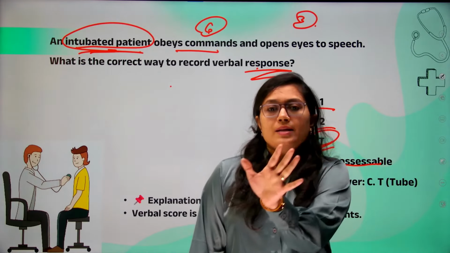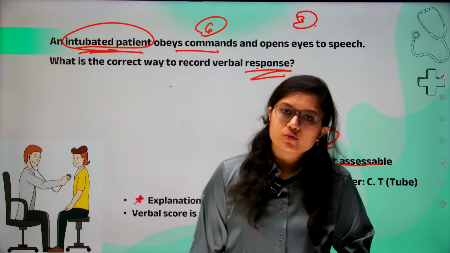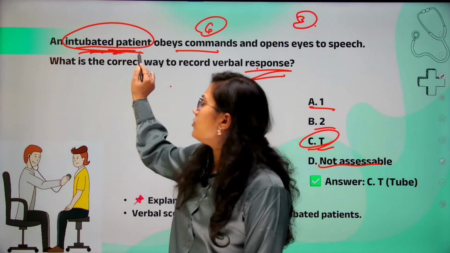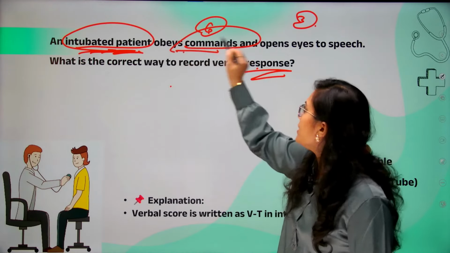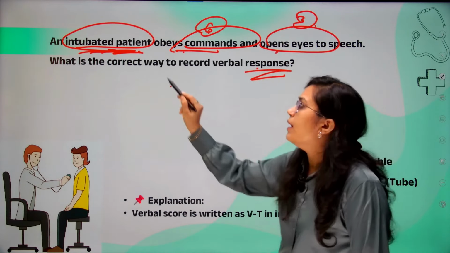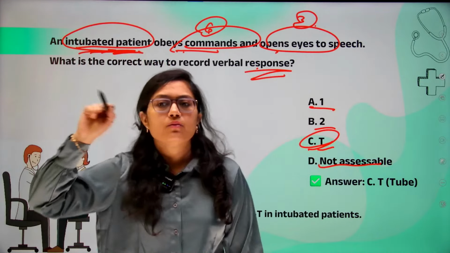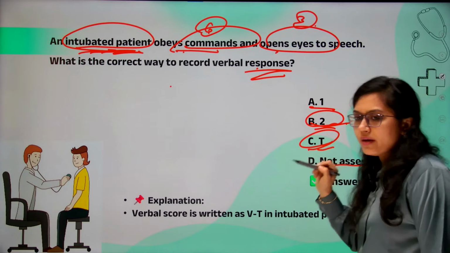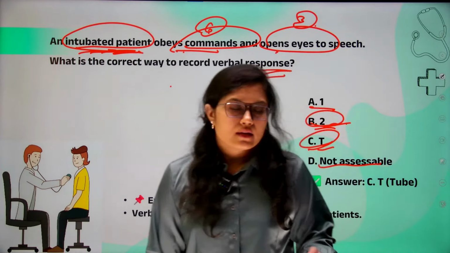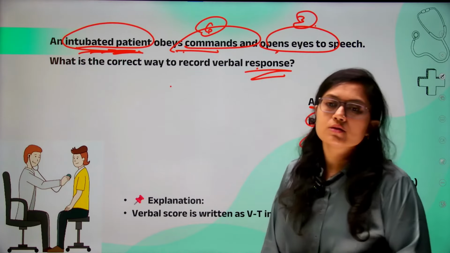Which option has not been selected for this? They ask like that too. So this is one type of question. Like, "intubated patient" is written, and even though it says he obeys commands and opens eyes, if the patient is intubated, we can consider and give grade 1 or 2 for verbal. Fine. But that is not the correct answer. We need to know whether the patient is intubated or not.